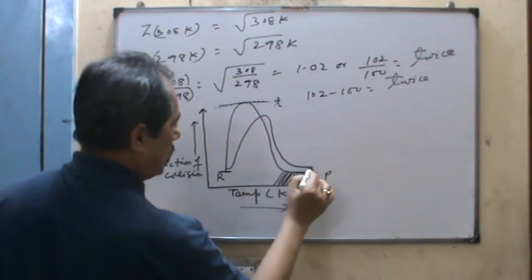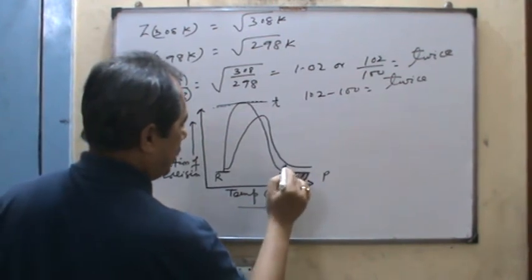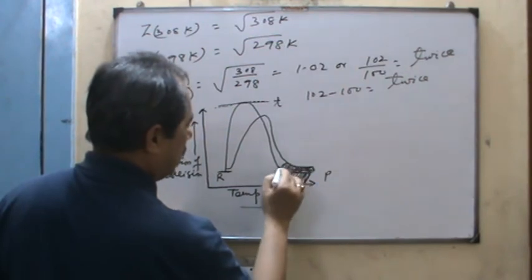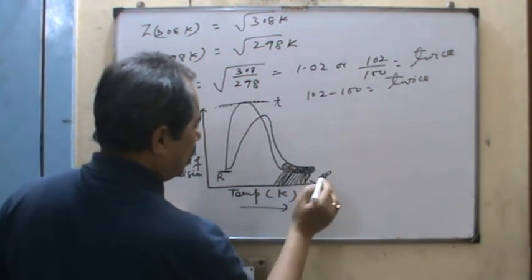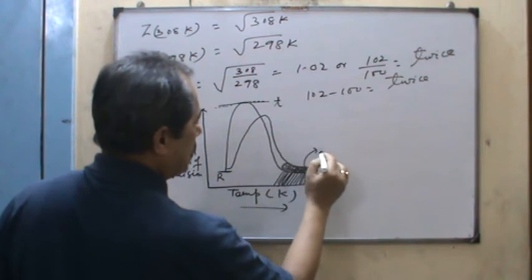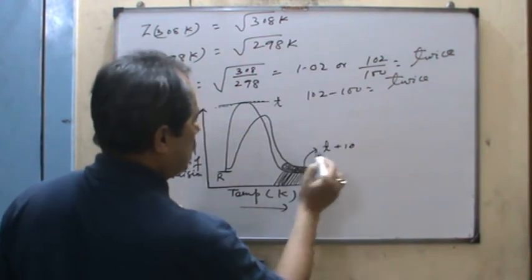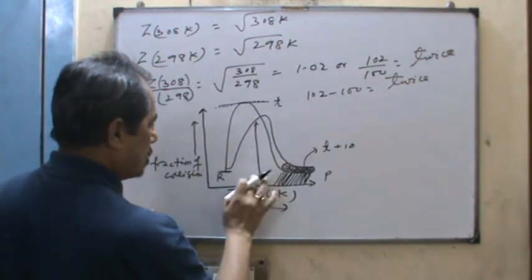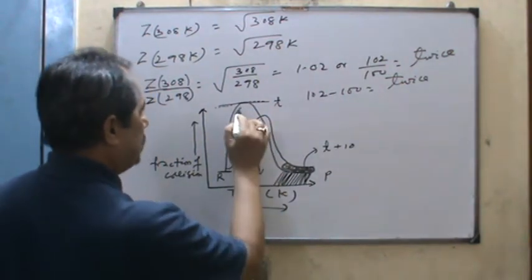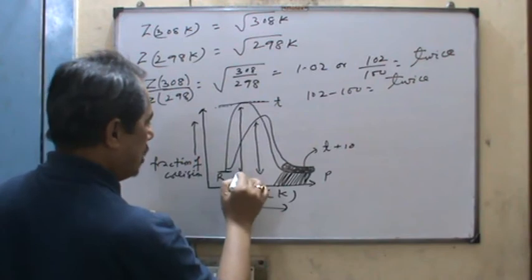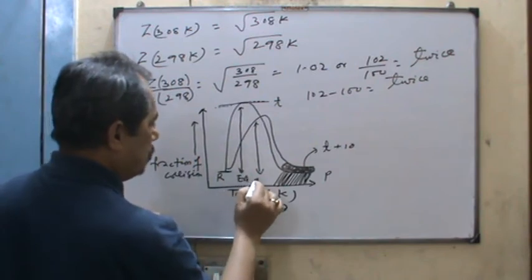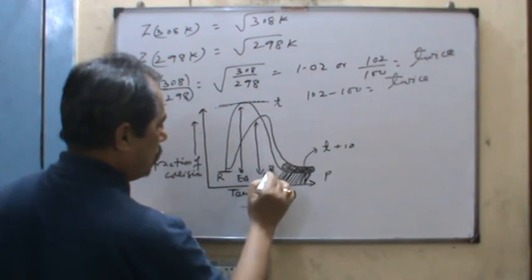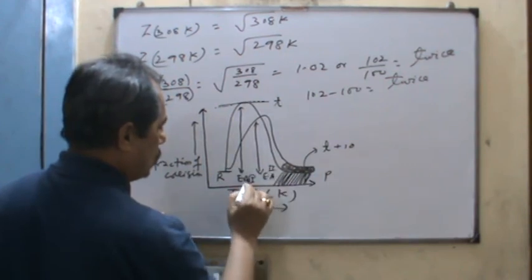another fraction of molecules is obtained, and another shadow represents that fraction of molecules, and this shadow is T plus 10. At that time activation energy becomes smaller, but in the beginning it is the activation energy, the energy which is needed, activation energy 2 and activation energy 1.